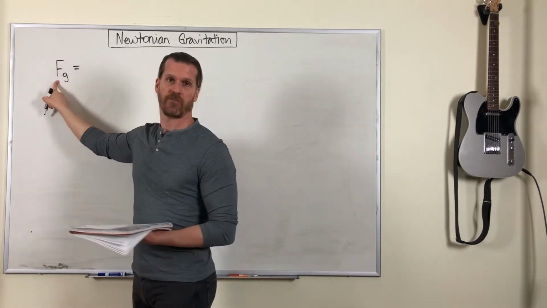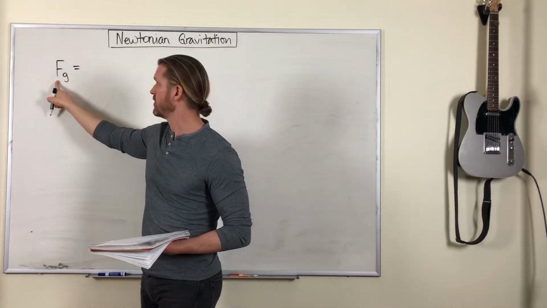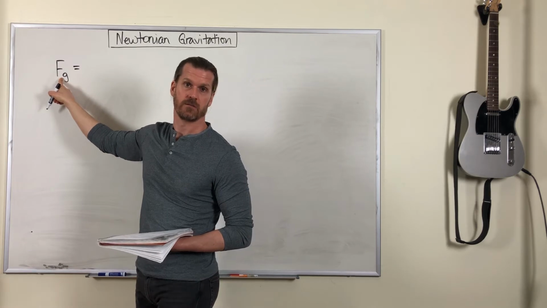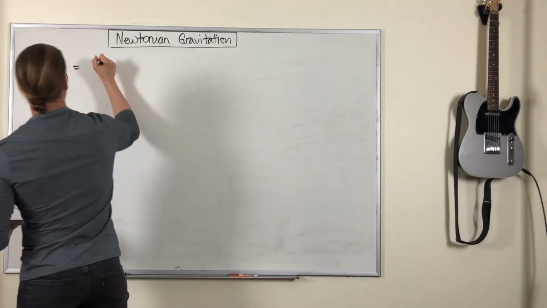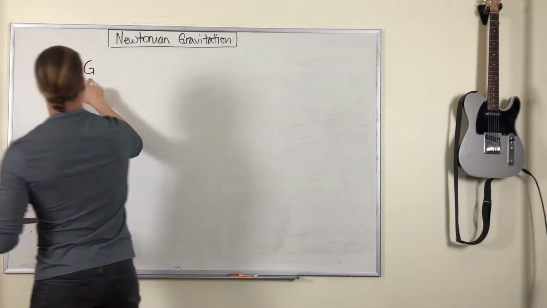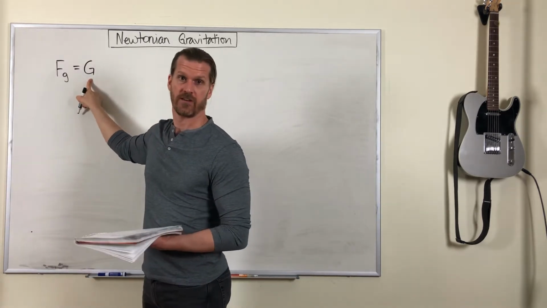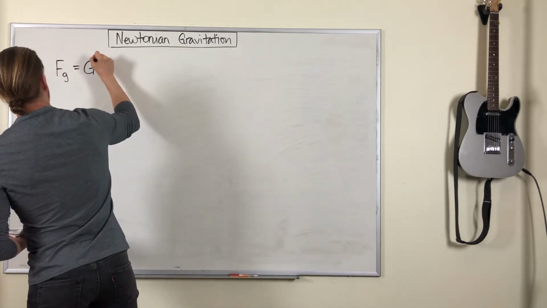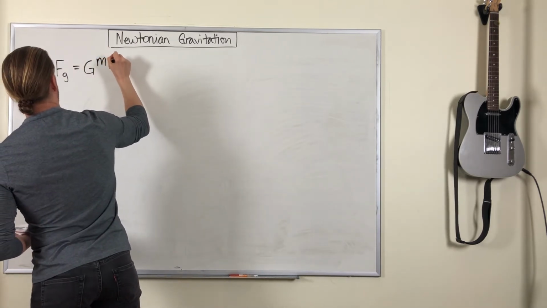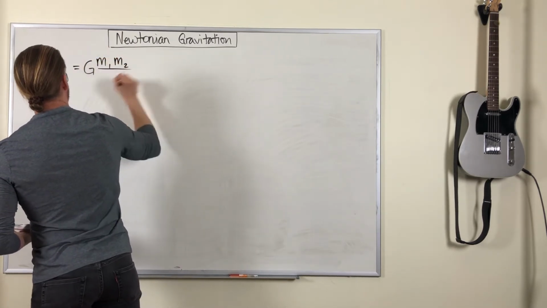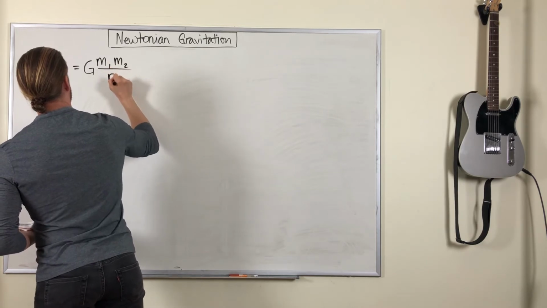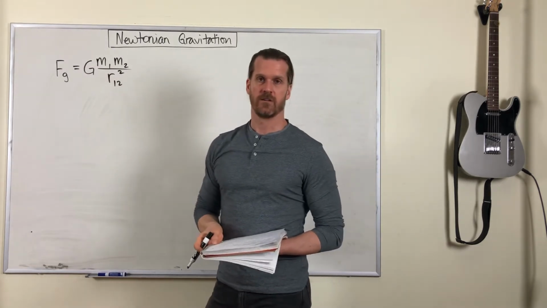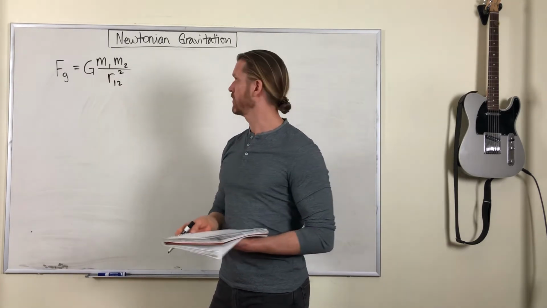The gravity force, I'm not using W anymore, I'm going to use F subscript g, meaning force of gravity, equals capital G, this is a constant number that I'll show you in just a second, times the mass of object 1 times the mass of object 2 divided by the distance between objects 1 and 2 squared.